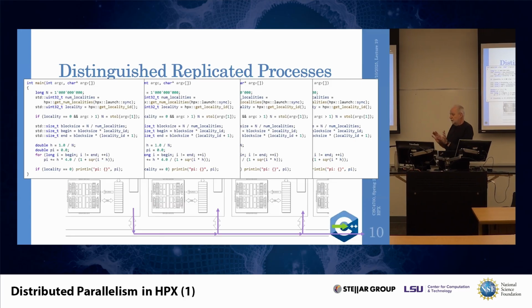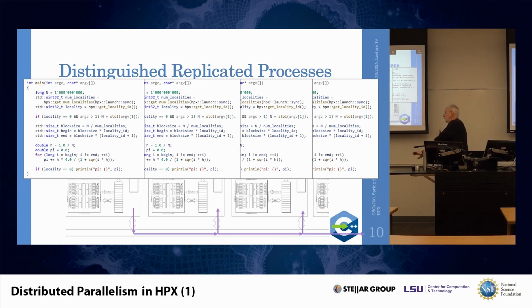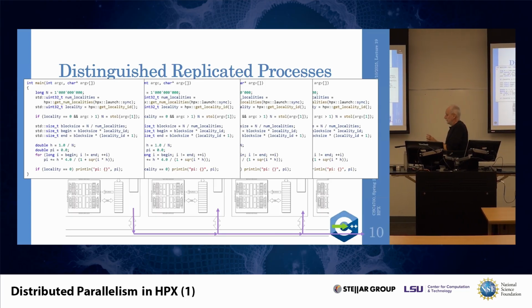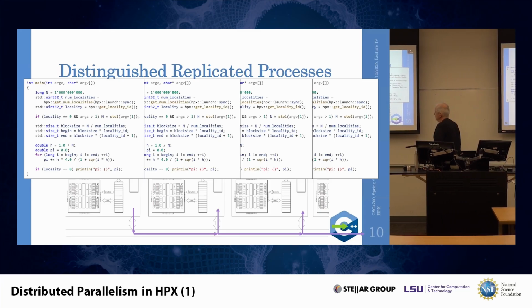each of the nodes is responsible for a certain subset of the rectangles of my integral, but we make sure that we don't lose any rectangles. So collectively exhaustive.